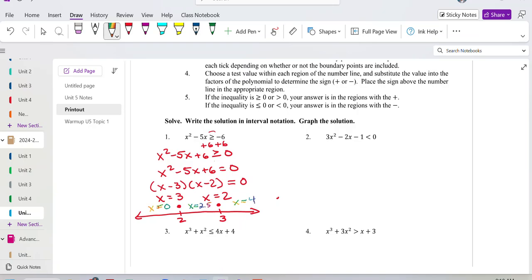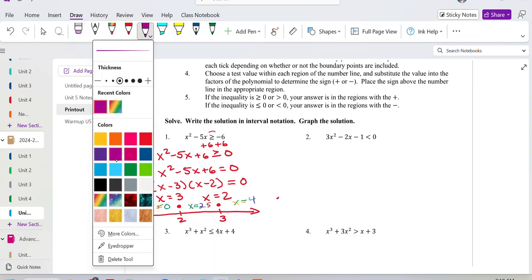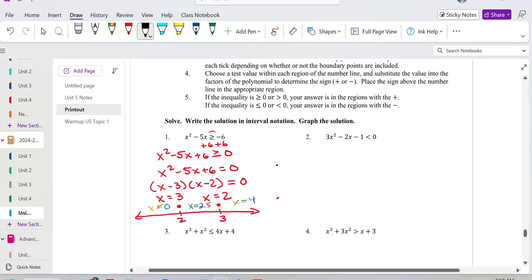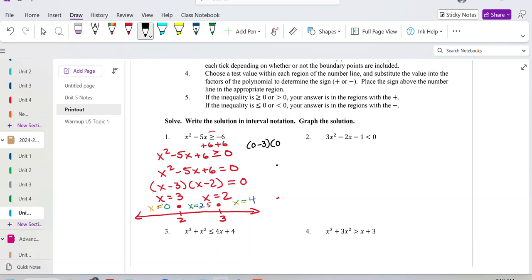When we put those numbers in, we want to figure out whether it makes the expression positive or negative. If we put in 0 minus 3 and 0 minus 2, that gives us negative 3 times negative 2. That's a positive 6. So any number less than 2 is going to give us a positive answer.